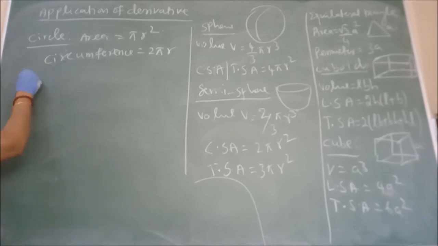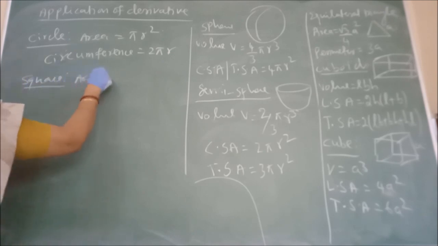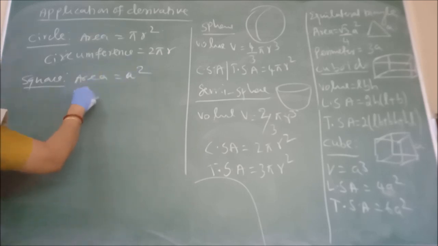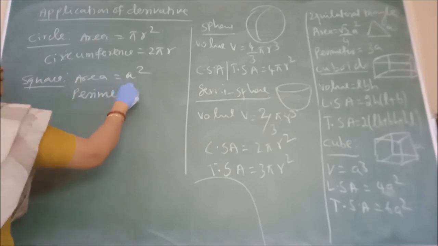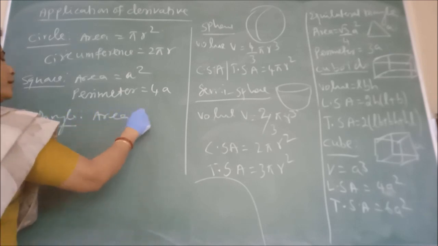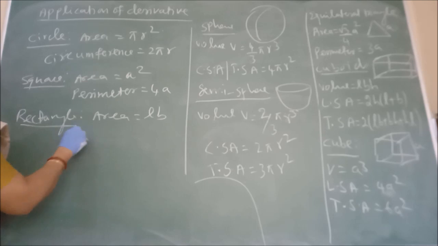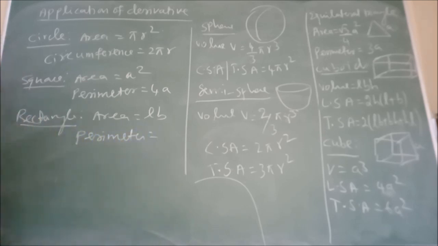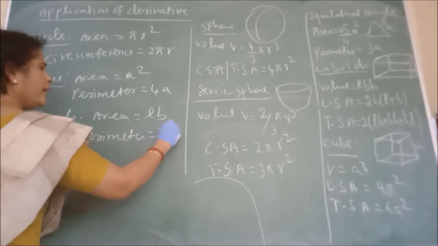Then next, square: area is a square, and the perimeter is 4a. Rectangle: area is LB, and the perimeter is twice of L plus B.